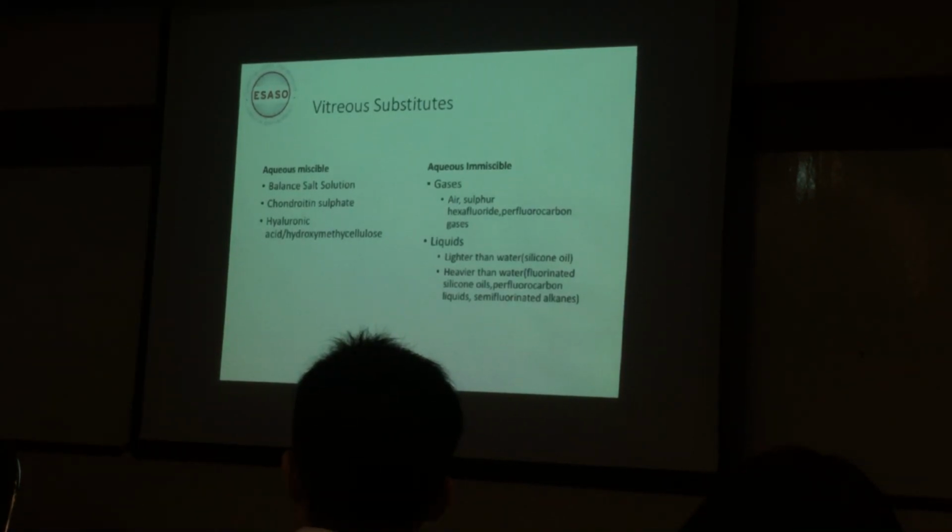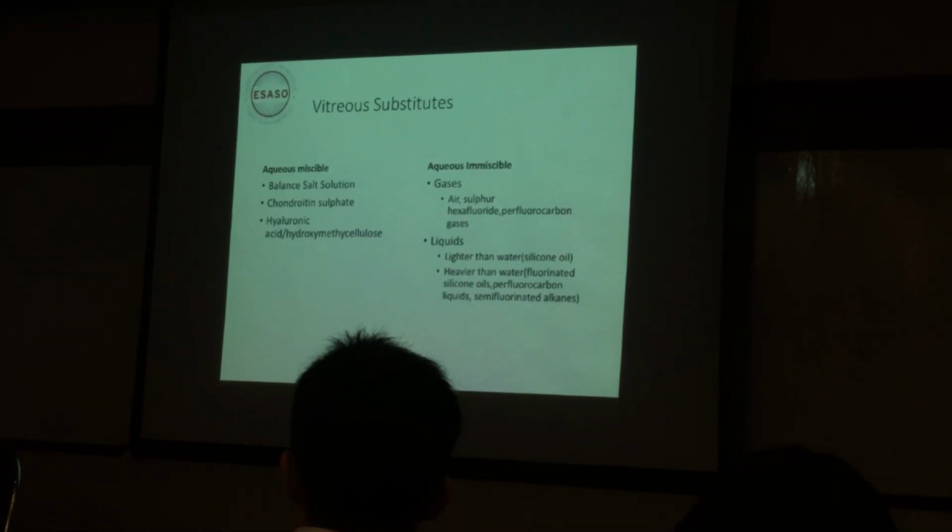The gases include air. It's the most common gas. Air is free and is the cheapest. Then sulfur hexafluoride as a vitreous substitute, and the perfluorocarbon gases. The liquids are generally lighter than water, though not all.